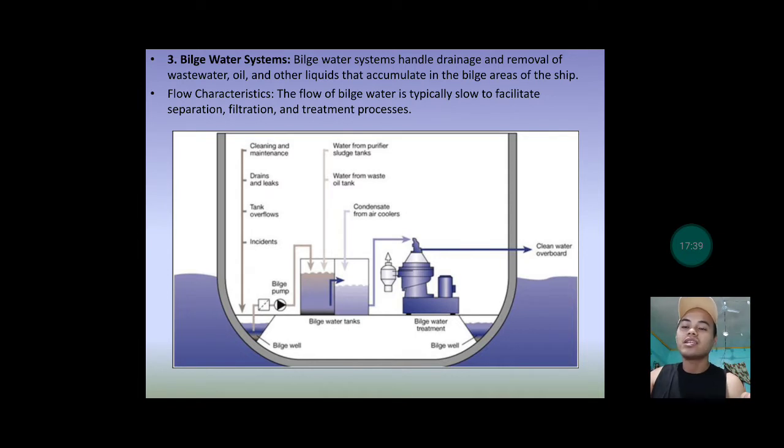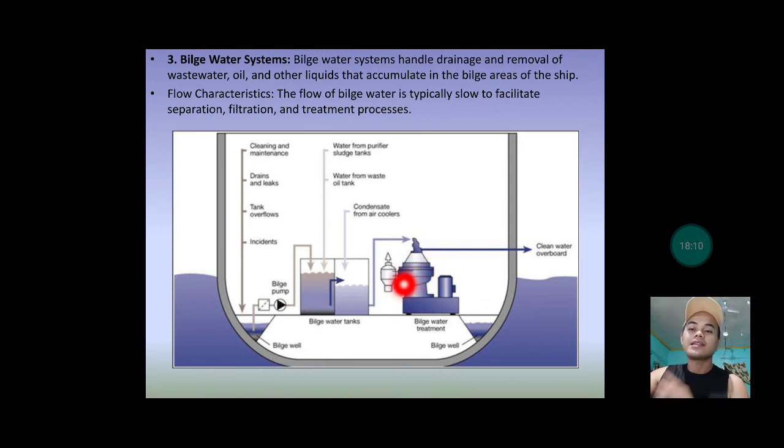From the bilge well, all the oil and water mixture will be sucked in by a bilge pump and put into a bilge water tank. From the bilge water tank, depending on the right location and the right timing, and if it's okay, we use the oily water separator.